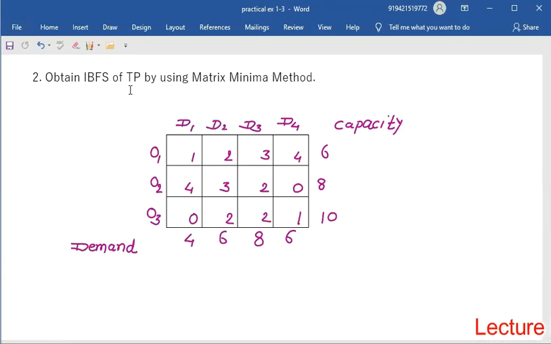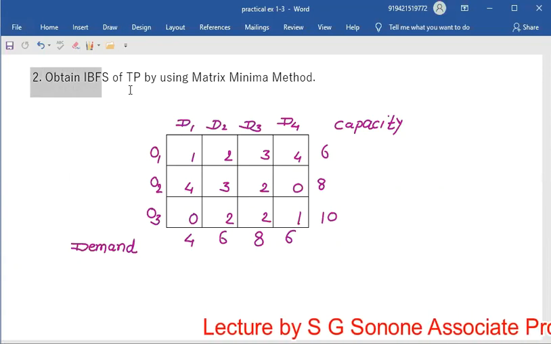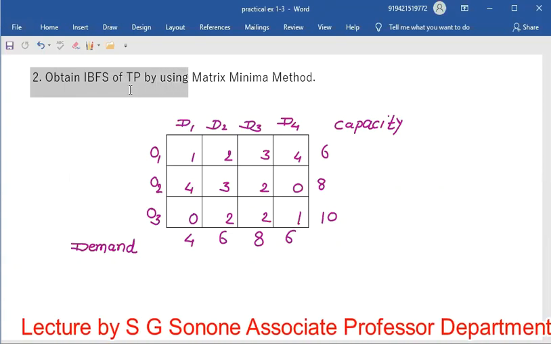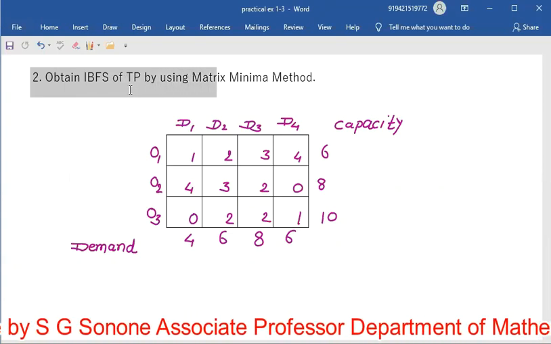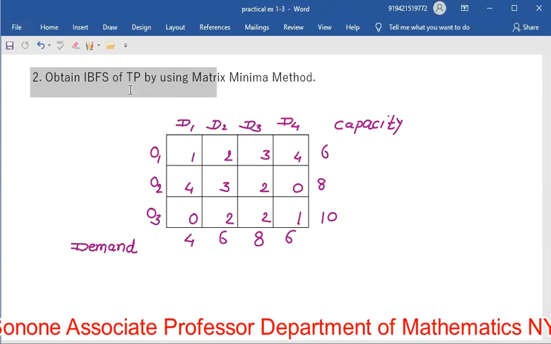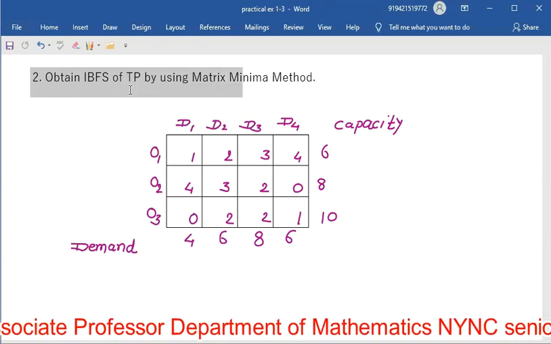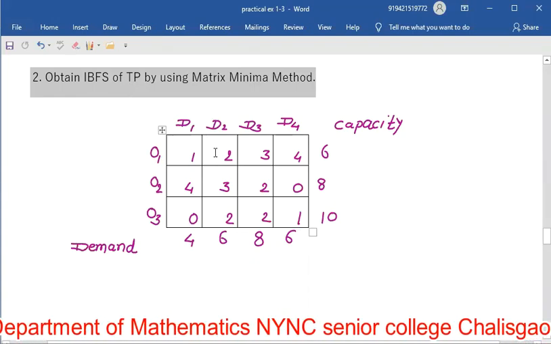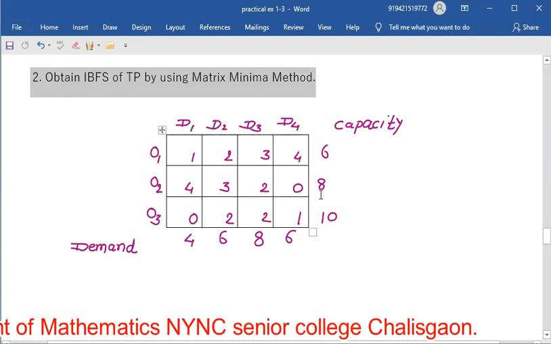Let us solve this transportation problem. Obtain the initial basic feasible solution of a transportation problem by using the matrix minima method. There are three factories and four warehouses.